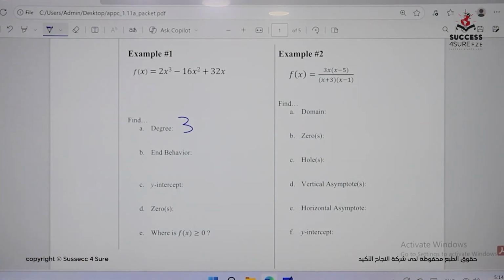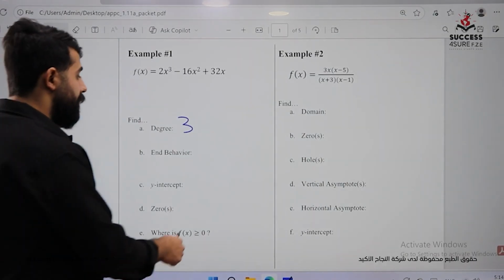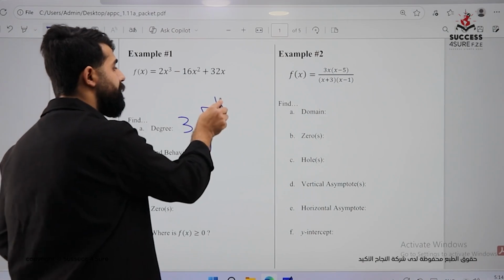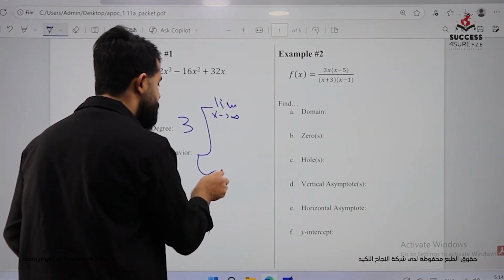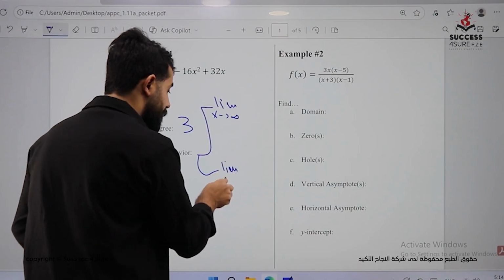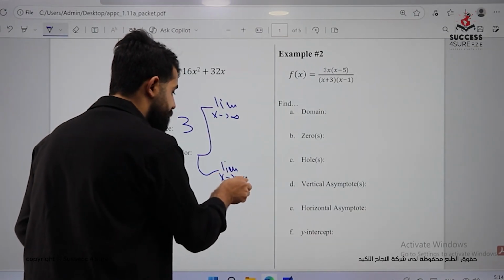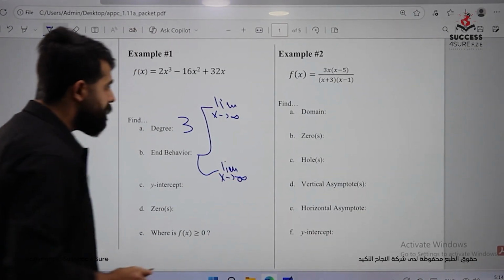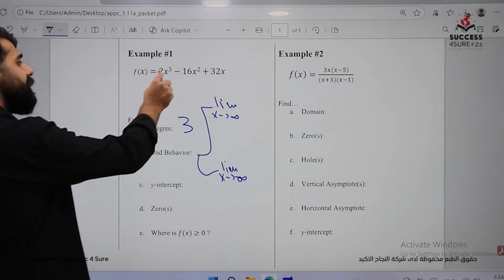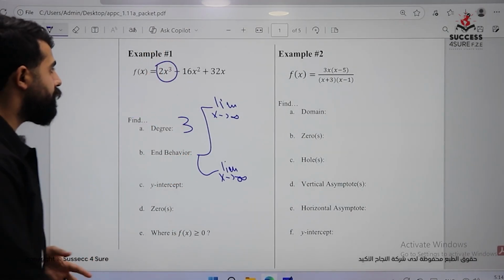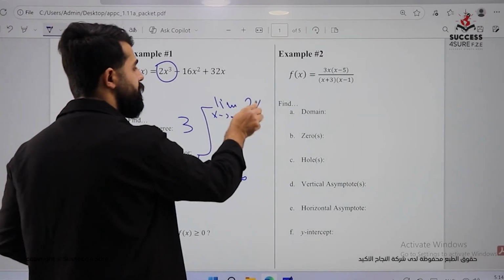Now, the second one, find the end behavior. In order to find the end behavior, you need to find the limit as x approaches infinity and the limit as x approaches negative infinity. To find the infinity limits, you need to take only the highest power, so you take 2x cubed.